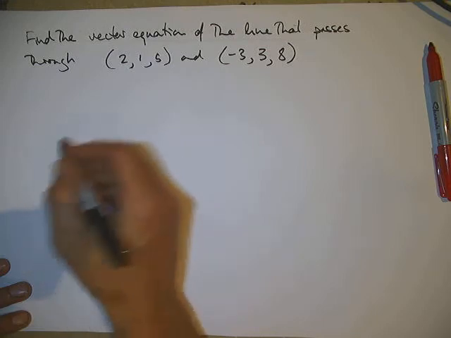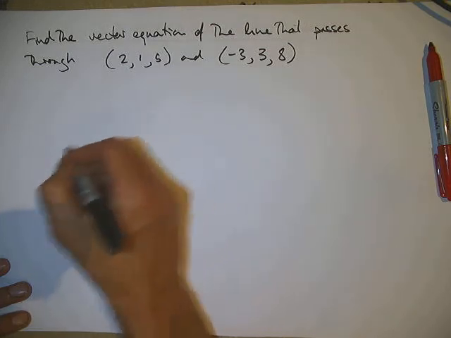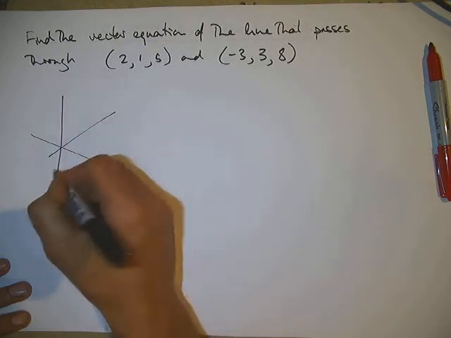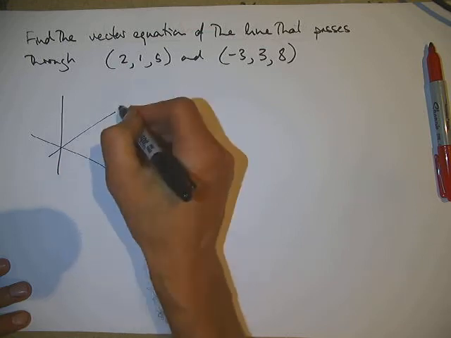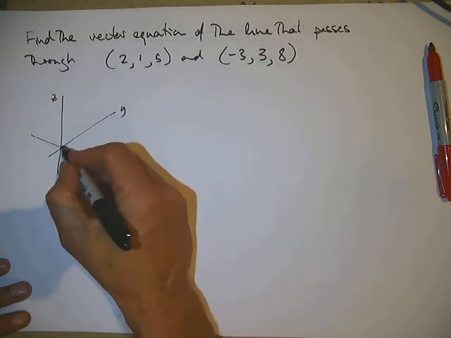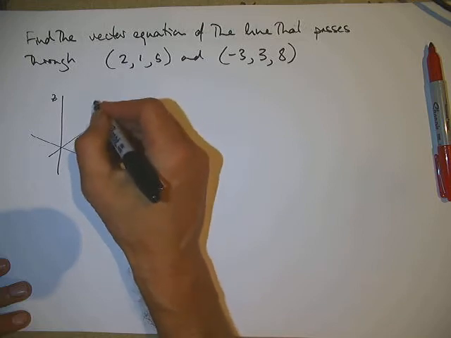Can we find the vector equation of a line that goes through x, y, z, (2, 1, 5) and (-3, 3, 8)?